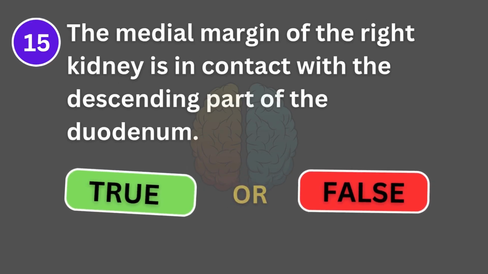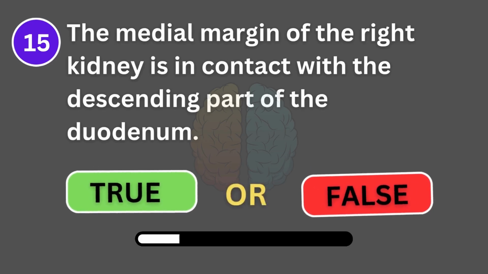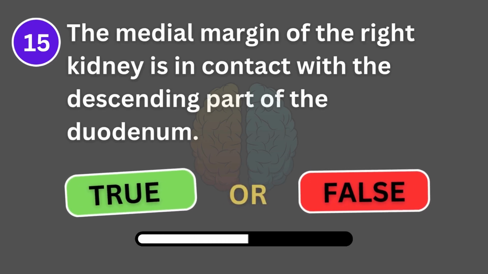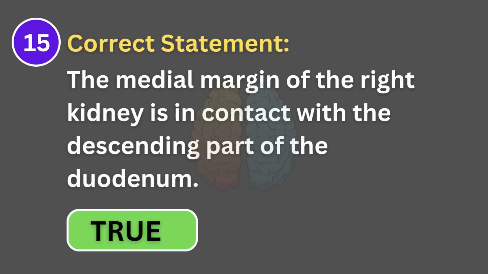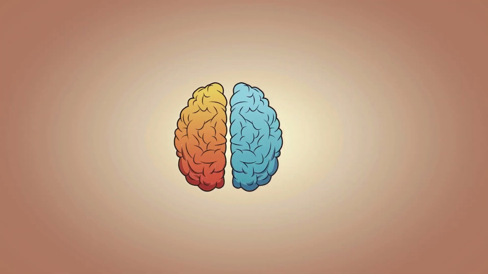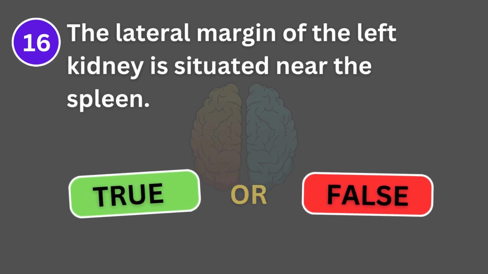The medial margin of the right kidney is in contact with the descending part of the duodenum. The lateral margin of the left kidney is situated near the spleen.